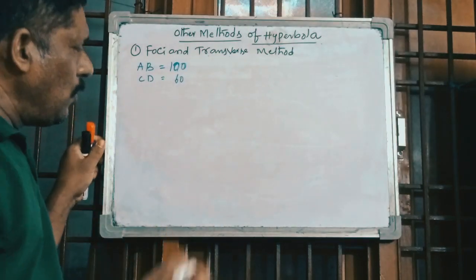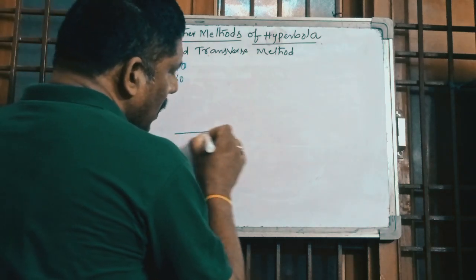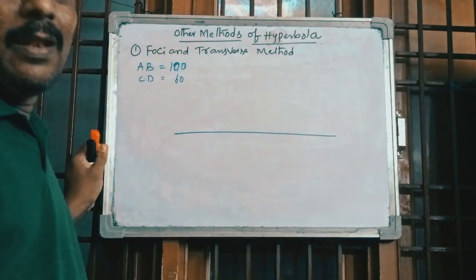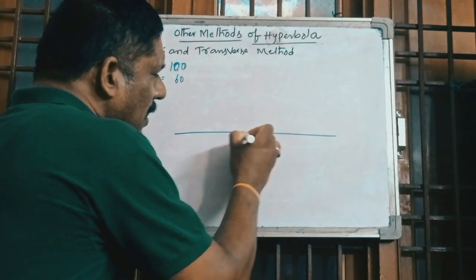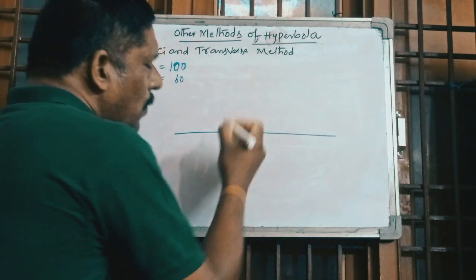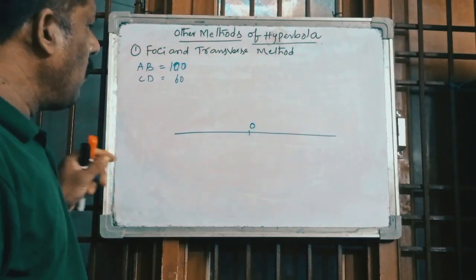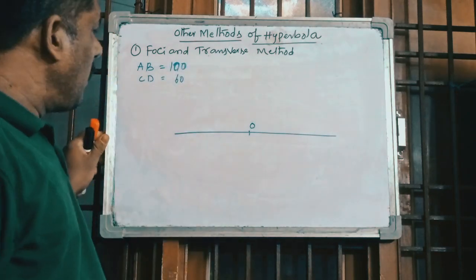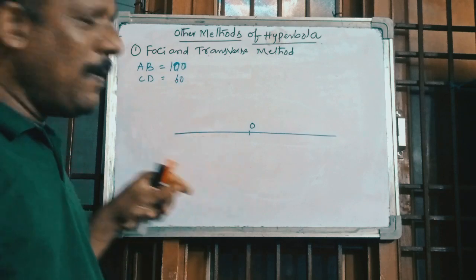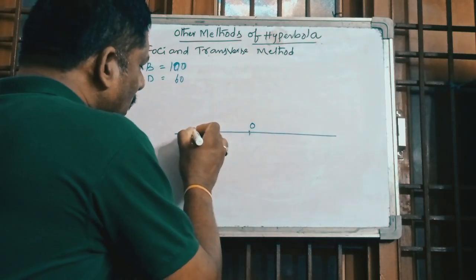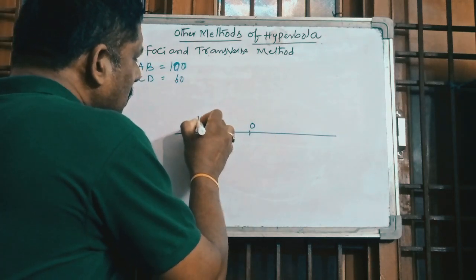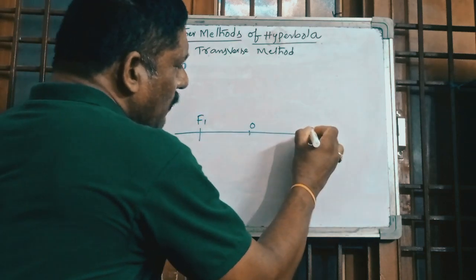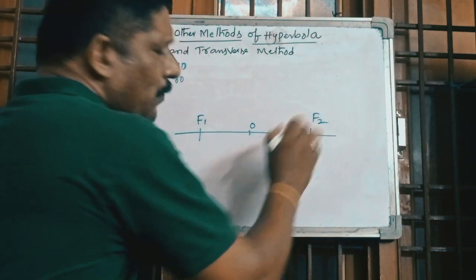So for this, what you have to do? First draw the axis line, a horizontal line, and mark on that line the center point O. The distance from focus F1 to F2 is given as 100 mm. So take on the left side 50 mm, this is F1, and on the right side also 50 mm, this is F2.